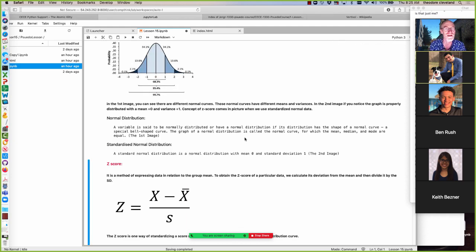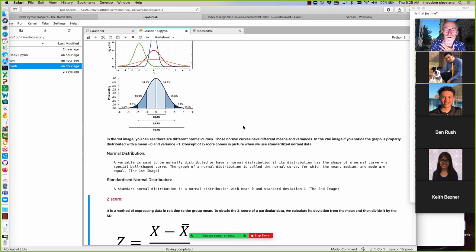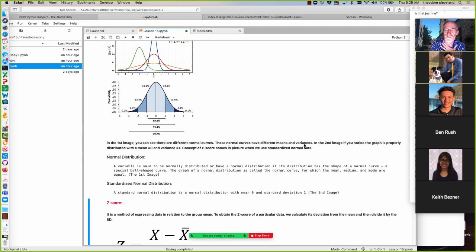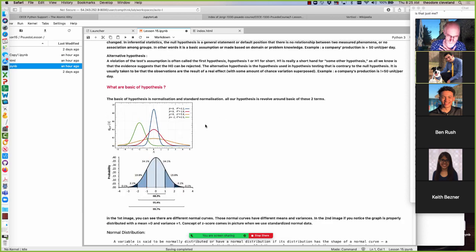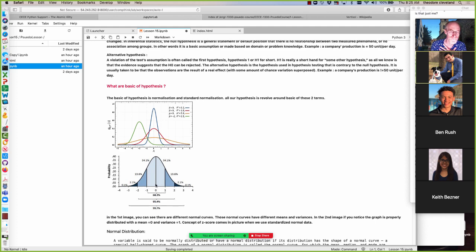In the first image, you can see there are different normal curves, and we've beaten those to death. They have different means and variances. The second image is a special representation of the normal distribution. It's called a standardized normal distribution, and standardization means that we adjust things so that the mean is set to 0, and the horizontal axis is adjusted so that the variations are represented as integer multiples of standard deviation.